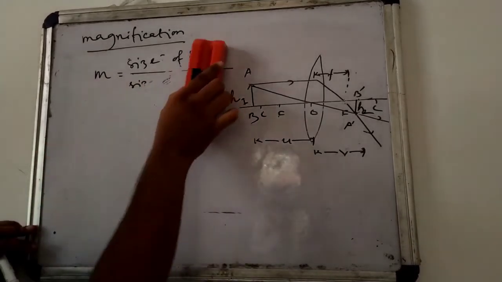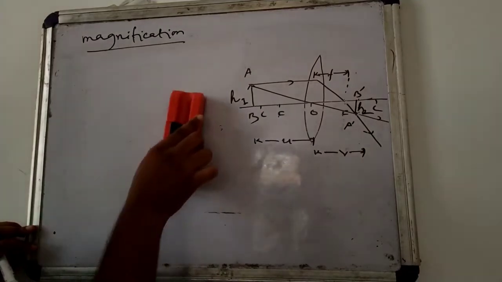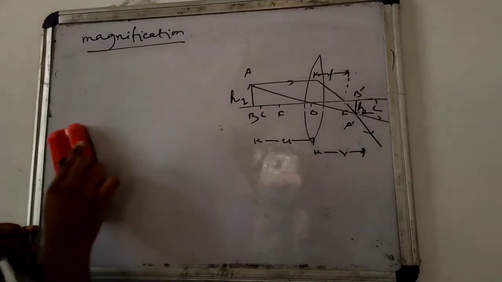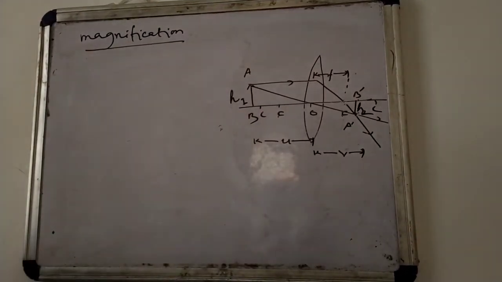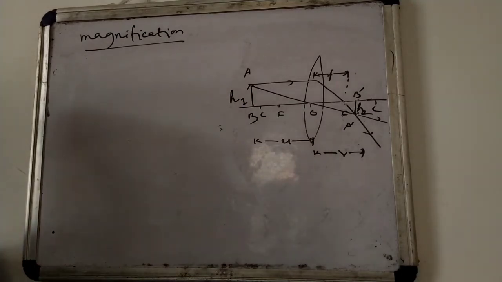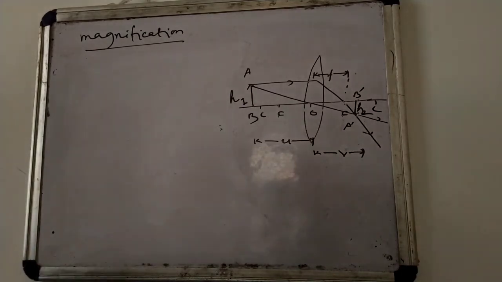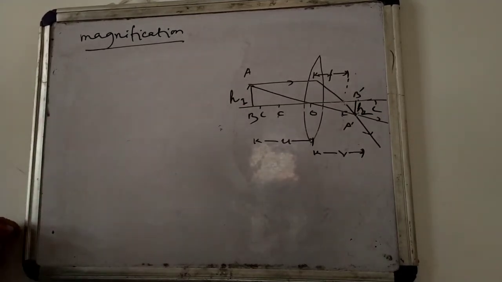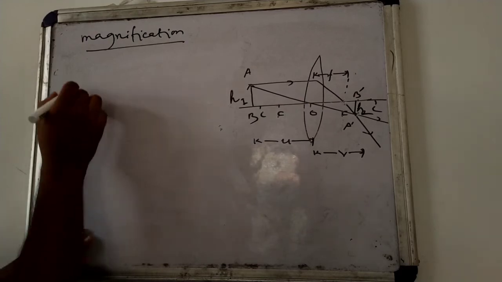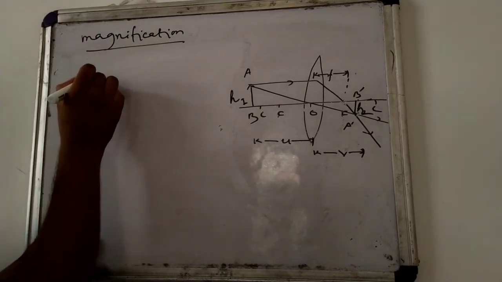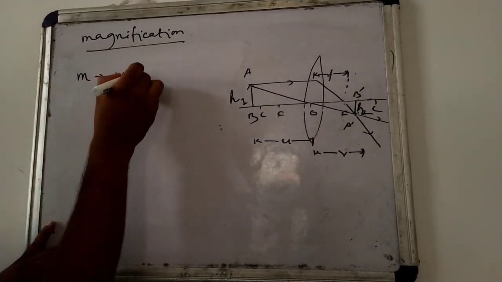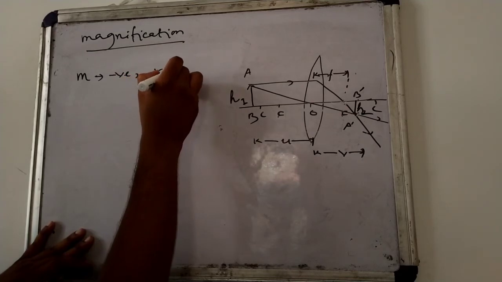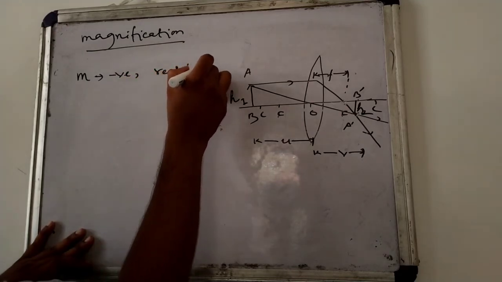So here also from the value of magnification we can say which image is real, which is virtual, which is inverted, which is erect, or whether it is diminished or enlarged. So here also, same as mirror, we can describe magnification. If magnification is negative, then image will be real and inverted.